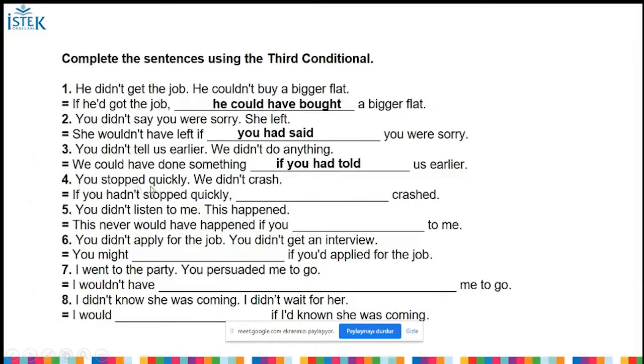You stopped quickly. We didn't crash. If you hadn't stopped quickly... We are using a hypothetical situation. If you hadn't stopped quickly, we wouldn't have crashed, we can say. Sorry, we would have crashed.